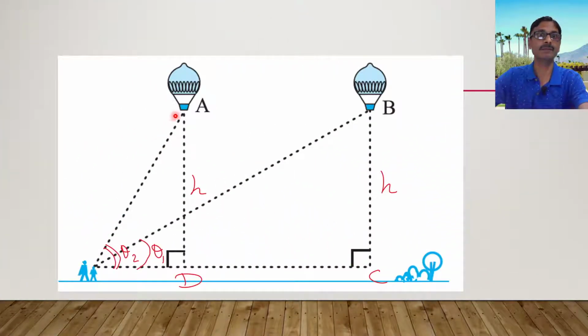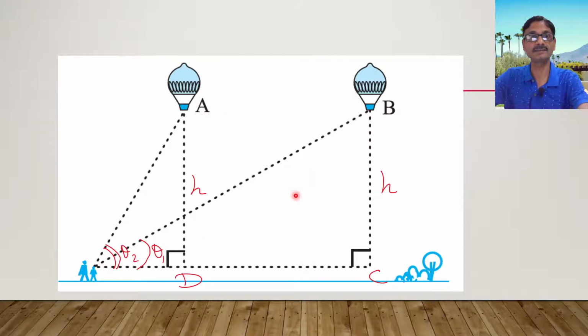Again, there may be a hot air balloon. If the balloon is at a constant height at point A at a moment, and after some time the balloon reaches B, then knowing the two angles of elevation theta 1 and theta 2, it would be possible to find distance DC, which in turn will enable us to find the speed of the balloon.